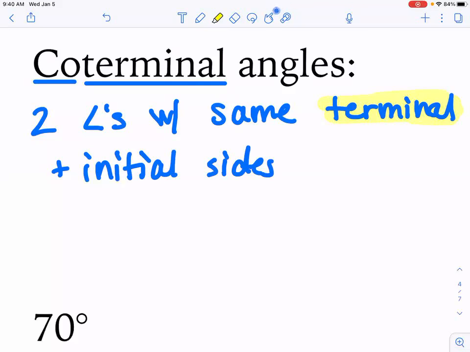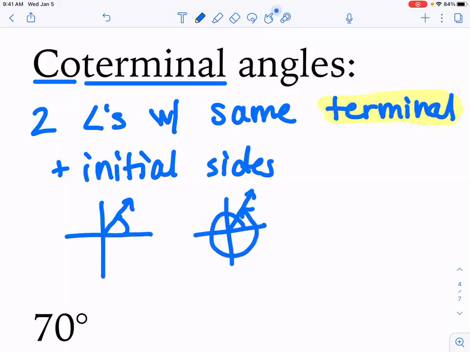Grayson, with that lovely definition you gave us in your own words, could you give me an example of two angles that are coterminal? Pi over 3 and 7 pi over 3. Notice how we begin and end at the same place. One just gets to rotate a little bit more than the other.